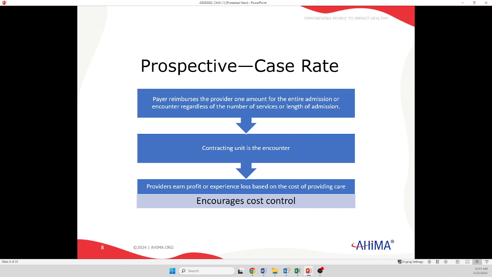So the difference is $2,000 between what I billed and what my case rate is. So in essence, that facility lost $2,000, and there's no way to recoup that. I can't send a bill to the patient saying, hey, you have to pay me this $2,000 because your insurance didn't. That's just a loss on that facility or provider for accepting the case rate.